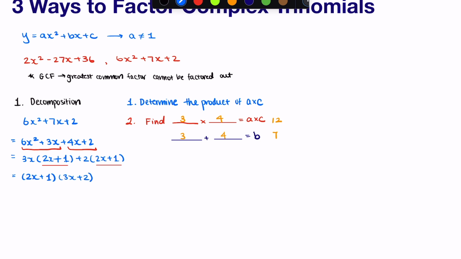If we look at the steps of what we did: we determined the product of A times C. We found the two numbers that multiply to A times C and add up to B. The third step was to break the middle term into two parts using the above factors.